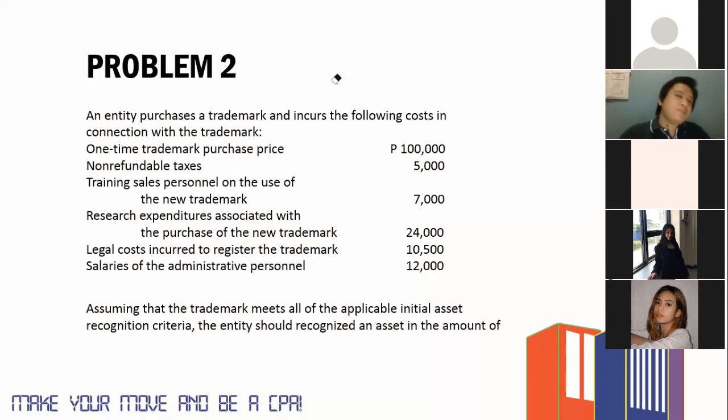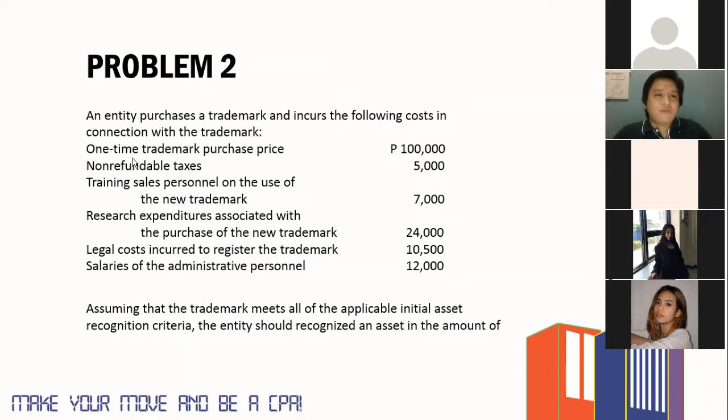Okay? Now again, one of the best methods to solve for this problem is, again, exclude or include. So, of these 6 items, what items are we going to include so that we could compute the correct amount of intangible assets that we are going to recognize in the balance sheet or in the recordings of the company?